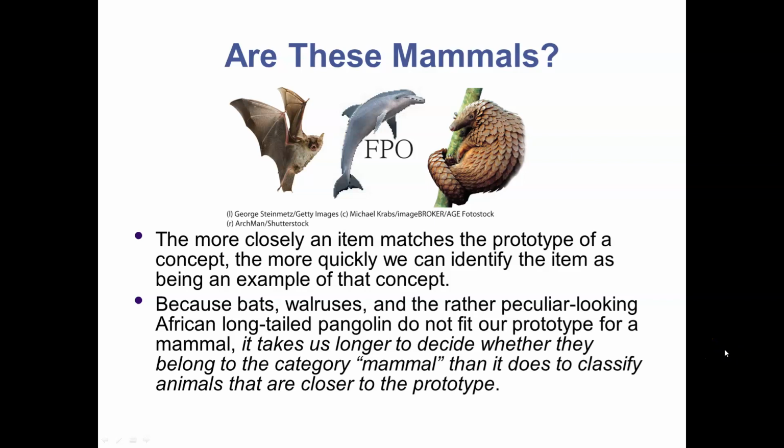So it just takes us a little bit longer to decide whether those actually belong to the category mammal, because they may not fit our first conception, the prototype conception.